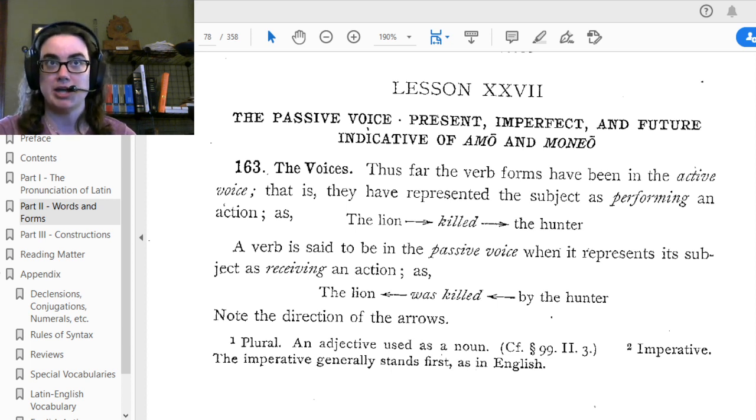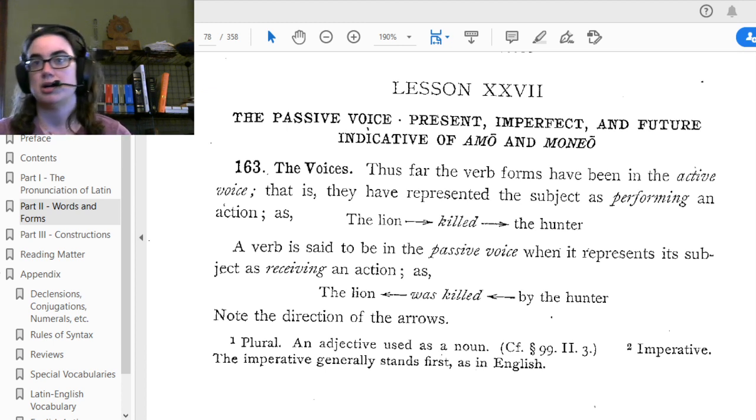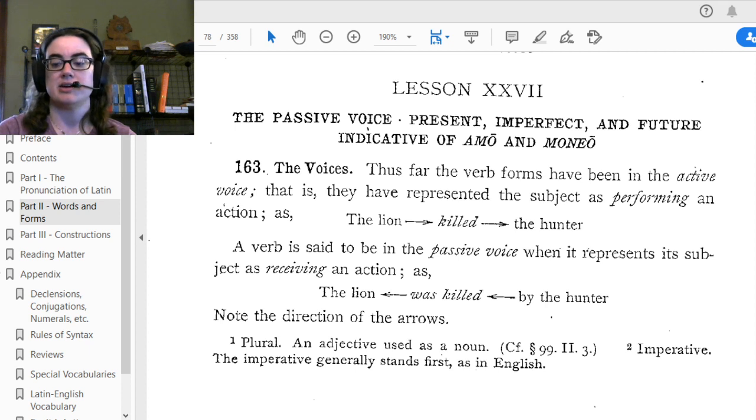He's performing the action against the ball. But you can say the ball is being hit by Fudge. So in that case, the ball is being acted upon. It's not hitting, it is being hit. So in English, we generally recognize the passive verb with a form of to be that is used as our passive indicator. To be hit.